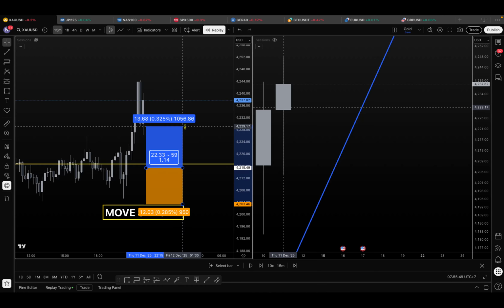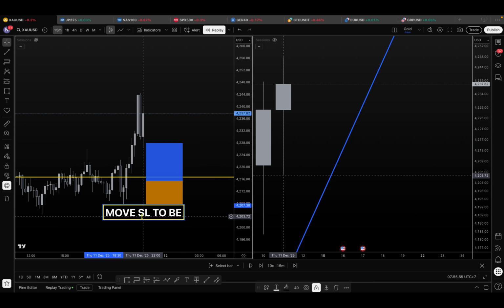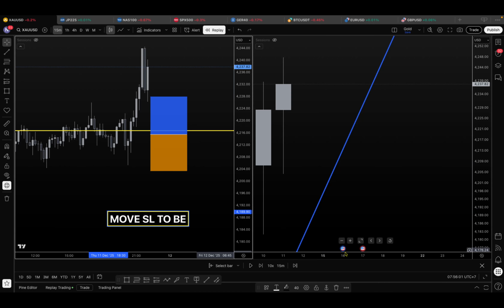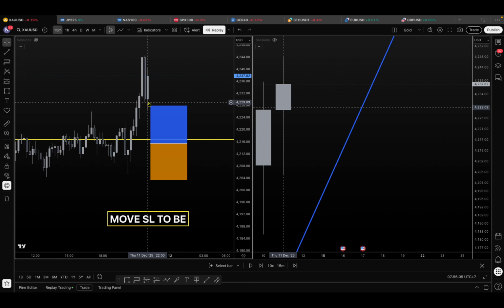I decided to close the trade right after that candle.